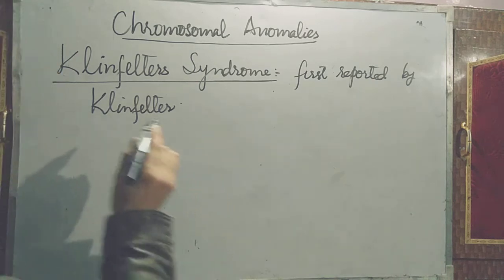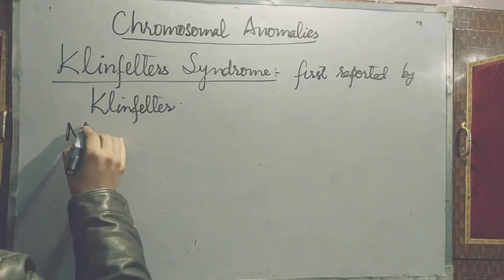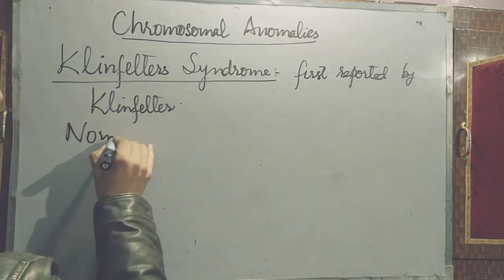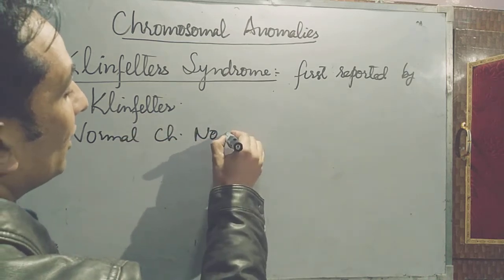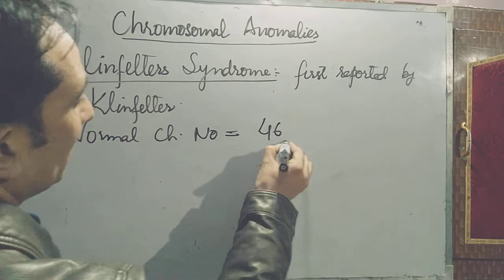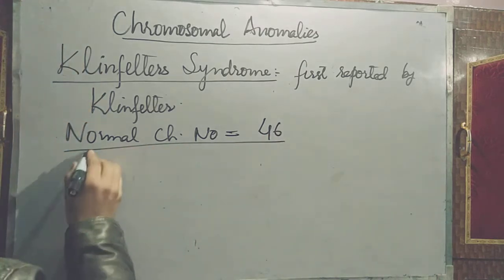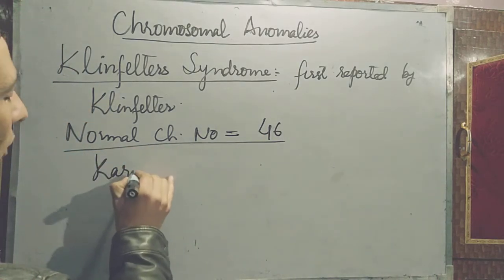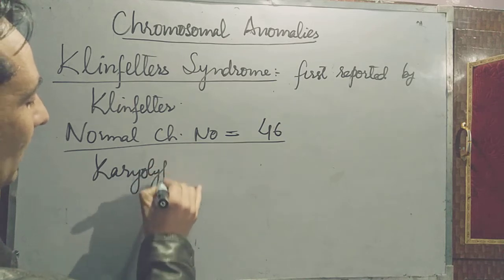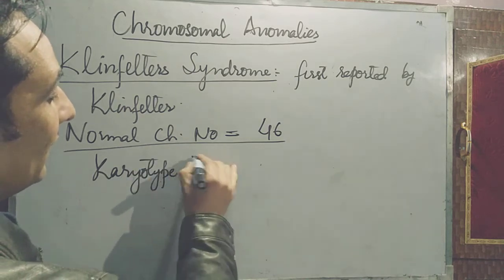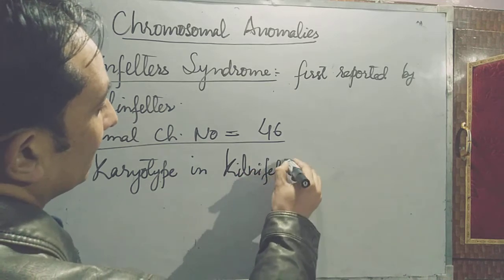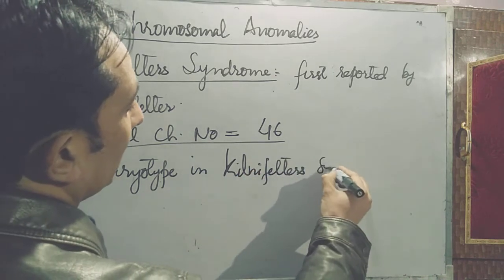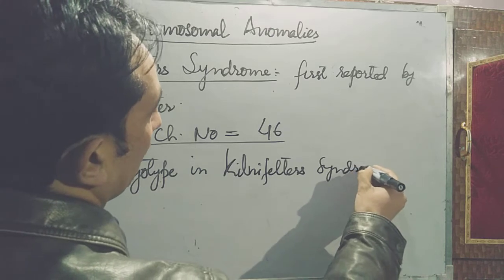You see the normal chromosome number in case of humans is 46, but in Klinefelter's syndrome the karyotype. Karyotype means the chromosome type and number.